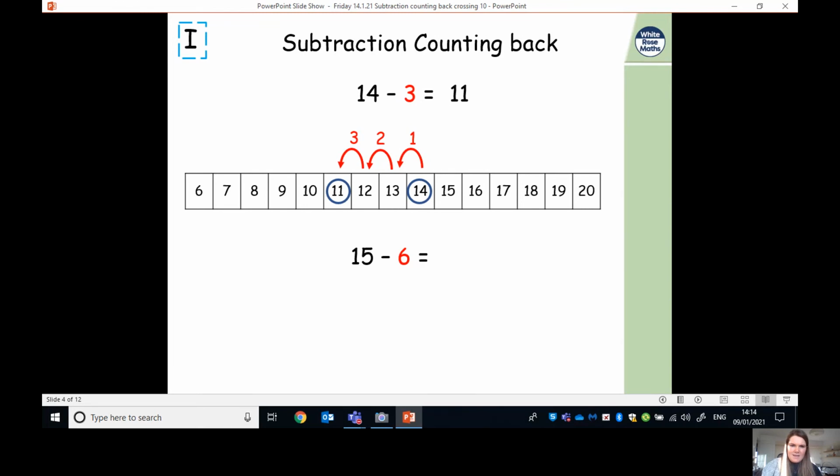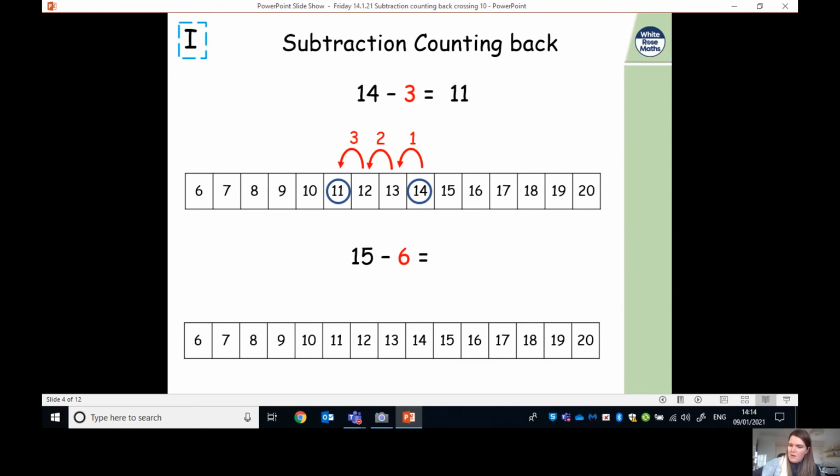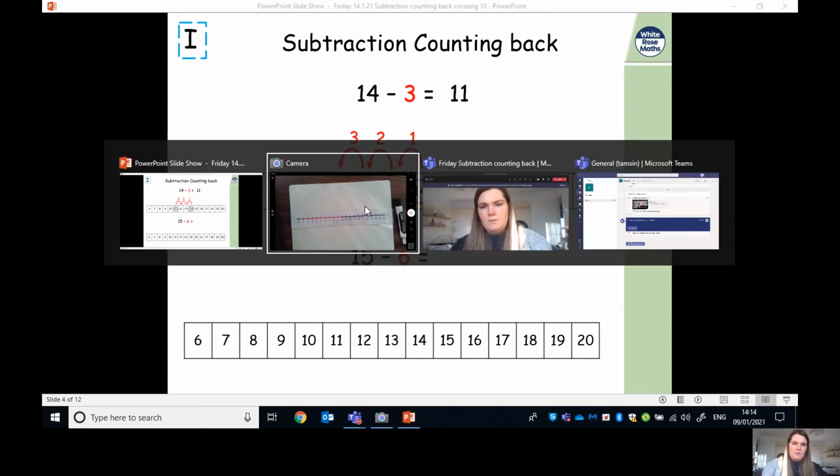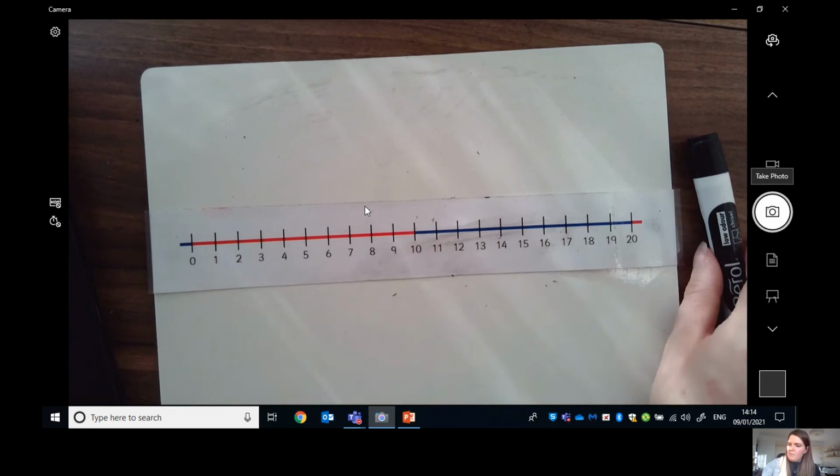Fantastic. All right, bit trickier this time. 15 minus 6. So the first thing I have to do for 15 minus 6 is write my sum.